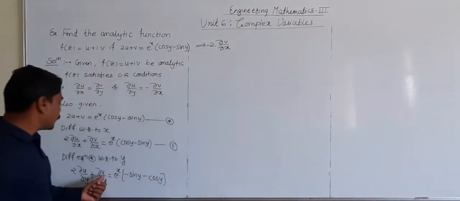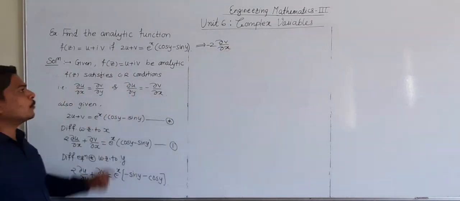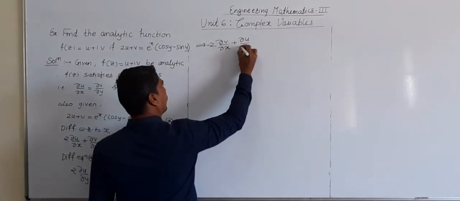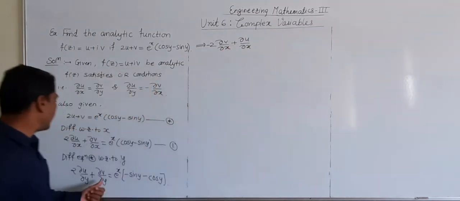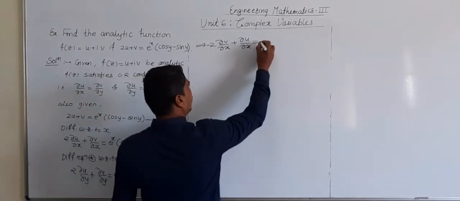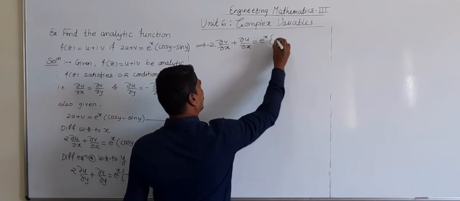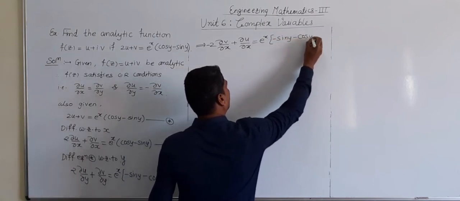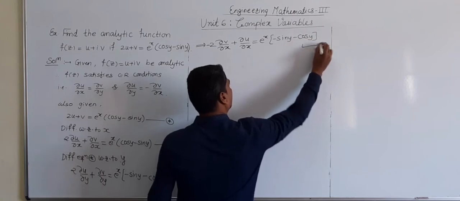And then instead of ∂v/∂y, replace ∂u/∂x. The middle plus sign as it is, ∂u/∂x, replacing ∂v/∂y. This is equal to our RHS as it is, e^x (−sin y − cos y). Now this is our equation number 2.